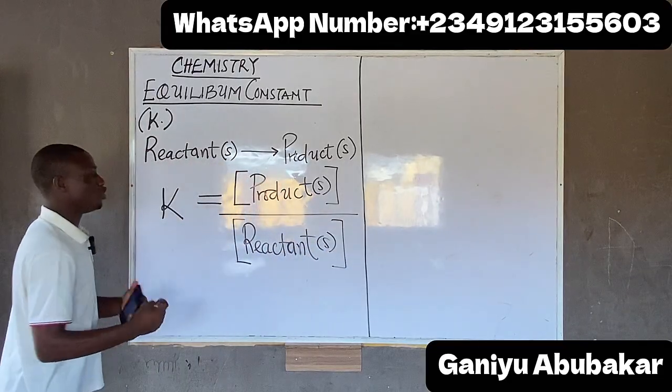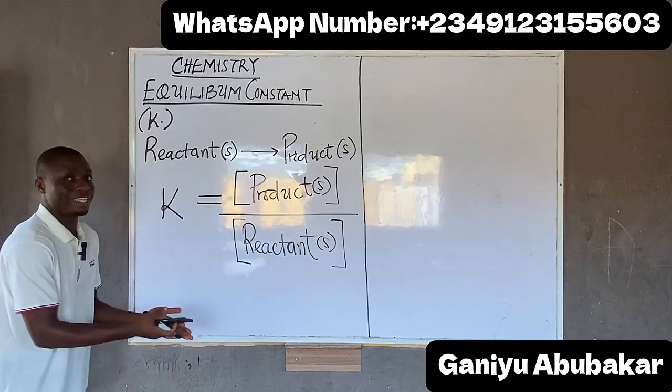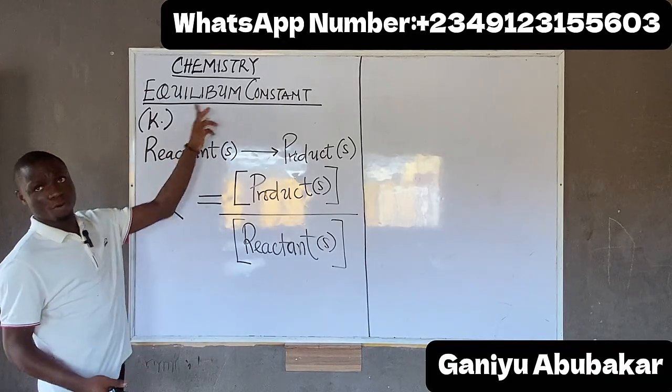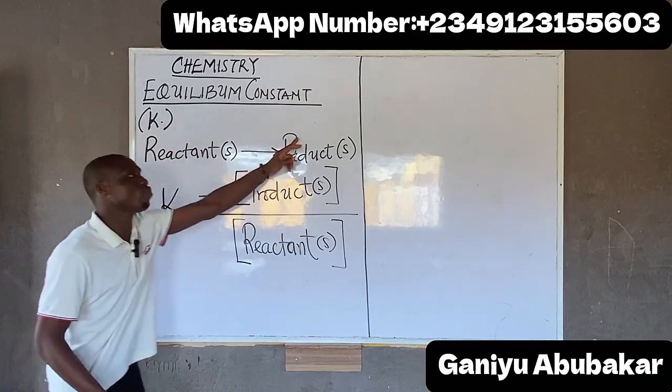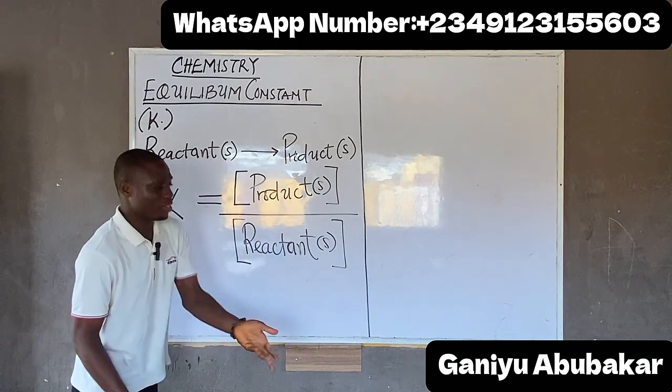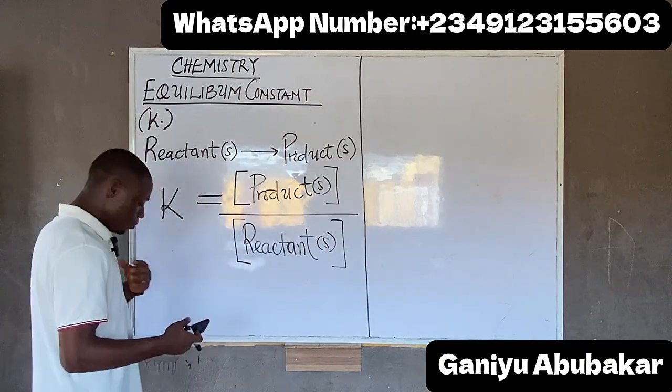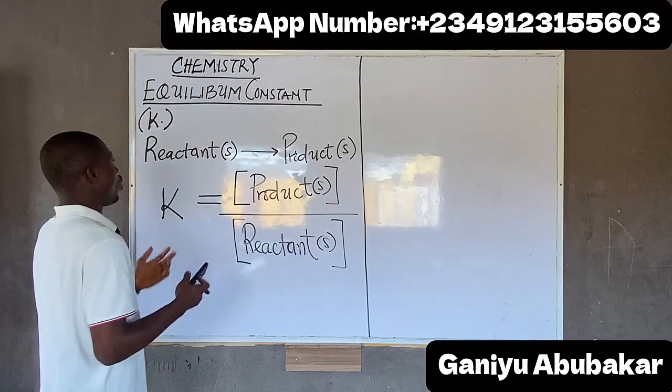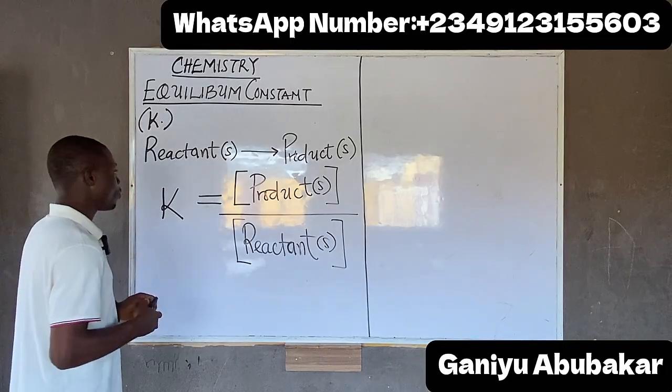So this is your mathematical representation for equilibrium constant, the ratio of product to each reactant. This is how you define the concept of equilibrium constant.